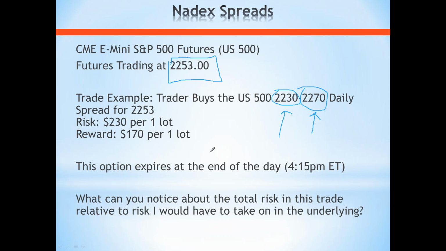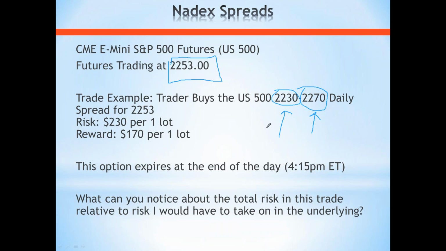So what can you notice about the total risk in this trade relative to the risk that I would have to take on in the underlying? Well, S&P futures trade with a contract value of what? How much is a 1 point move in the E-mini S&P futures worth? Several people said they knew this one, not the other contracts. Yeah, $50, right?